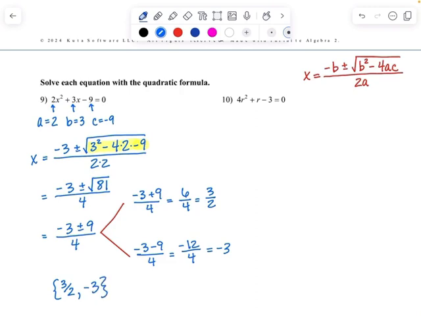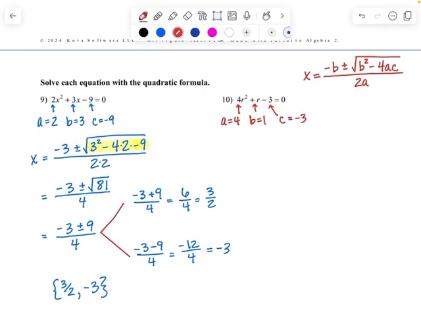Number 10, similar procedure. I already have the equation set equal to 0, so my a value is that lead coefficient of 4. When you don't see a coefficient there, of course, it's an invisible value of 1. That's my b value. And my c value is negative 3.